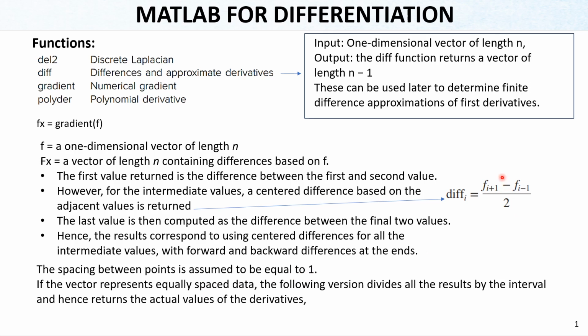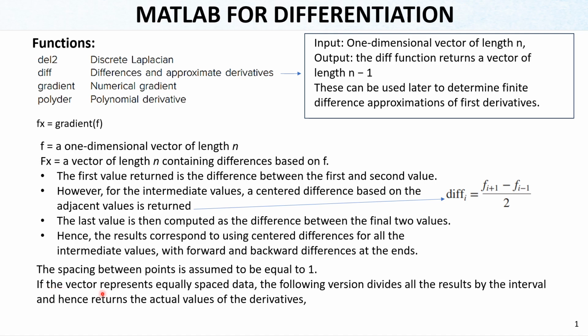Then from fi plus 1, we need to have xi plus 1, and for i minus 1, we need xi minus 1. Because this is 1, h is 1. Then we get these results, then we get the differentiation.